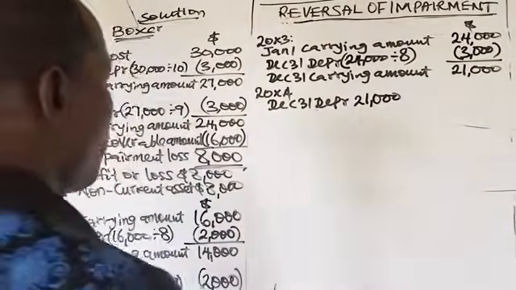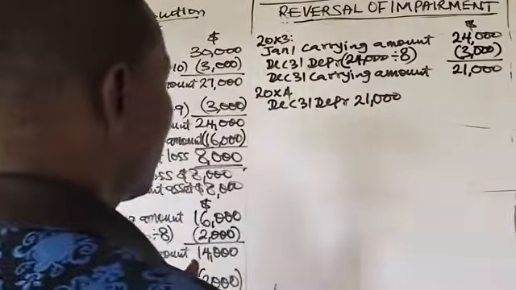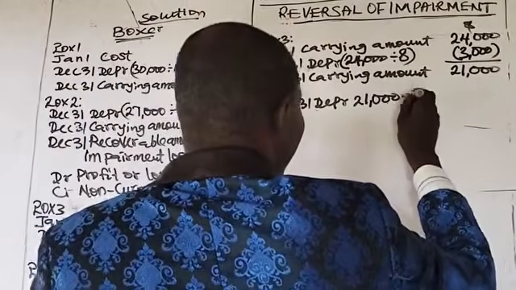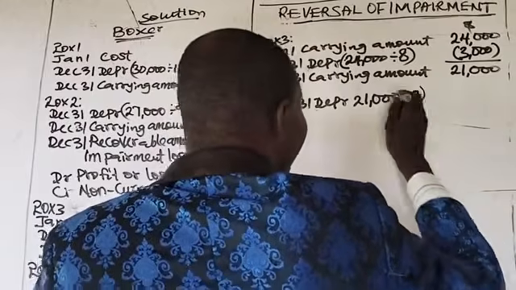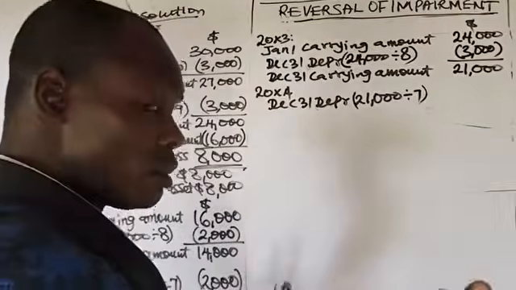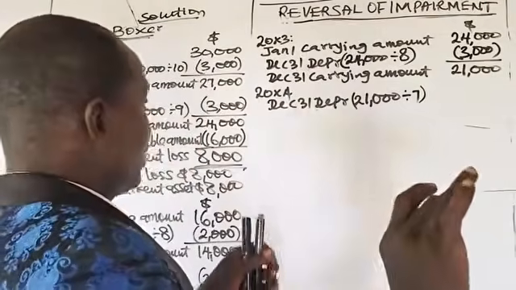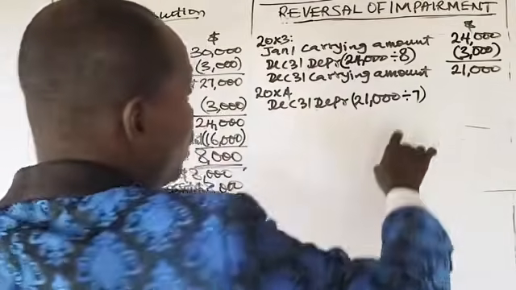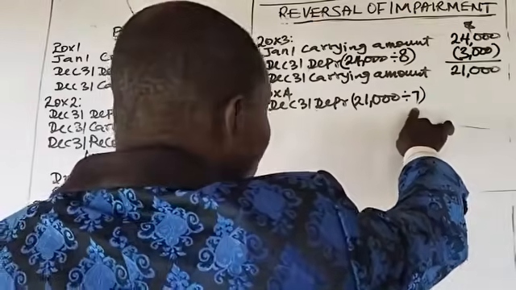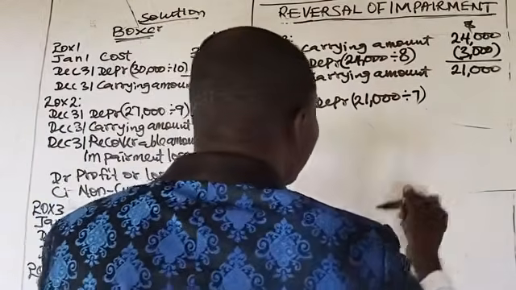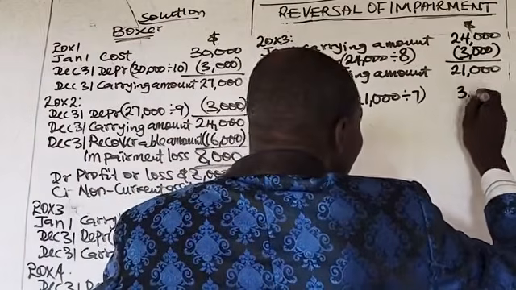Out of 10 years, 3 years have expired: 20x1, which is the year of acquisition, 20x2, and 20x3. You are left with unexpired life of 7 years. 21,000 divided by 7 will be 3,000.